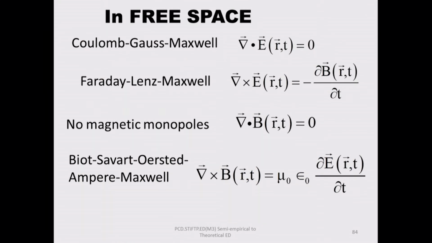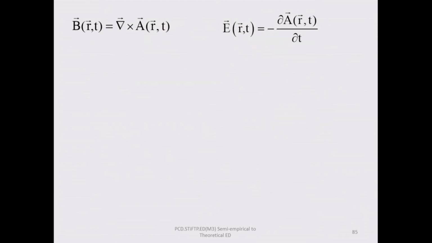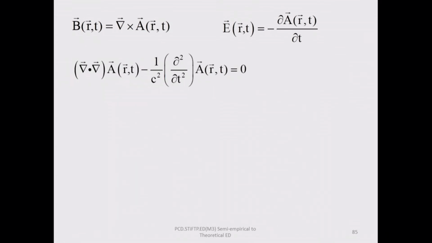And now we have to quantize the electromagnetic field. So in free space we know that this is described by Maxwell's equations, and the fields are expressible in terms of the potentials, the vector potentials, right, and you can always work in the Coulomb gauge.